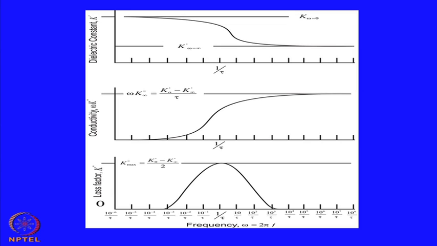Of course, there are applications where we intentionally like to have a higher dielectric loss, because we need heat. For example, in microwave heating we actually need more energy loss from the dielectric, less energy should be stored in the dielectric, whereas more energy will be used up for heating the material.